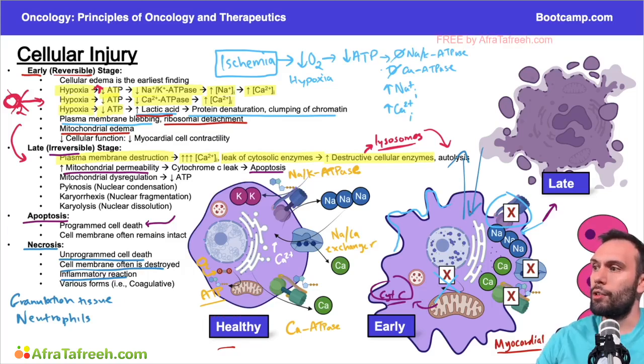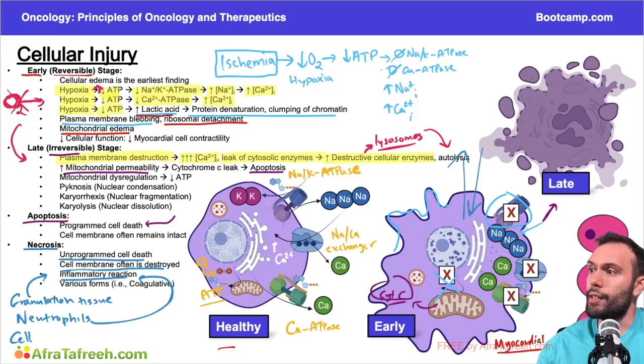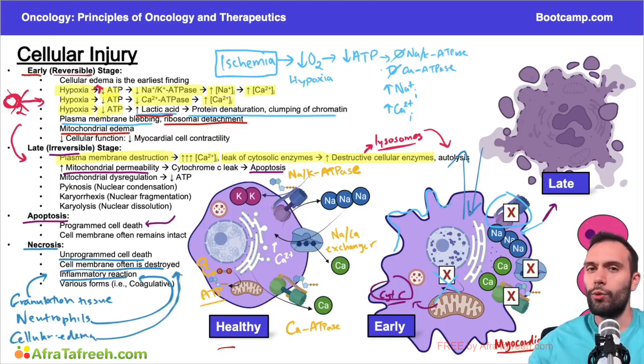Well, neutrophils would signify that there's an inflammatory reaction, right? Granulation tissue might be representative of chronic inflammation, or in general, if you just see really significant cellular edema. Okay, this could be because the cell membrane is destroyed. So these kind of findings in general are going to be more consistent with necrosis.